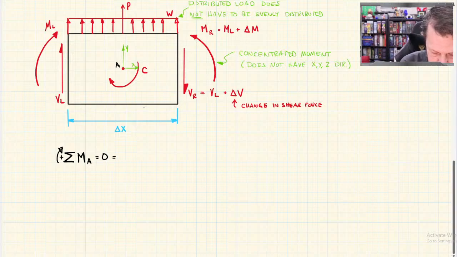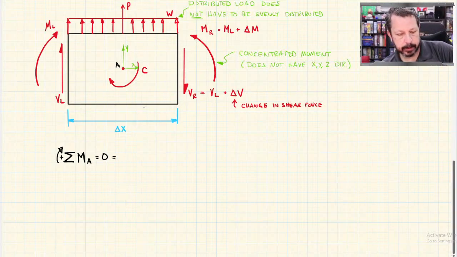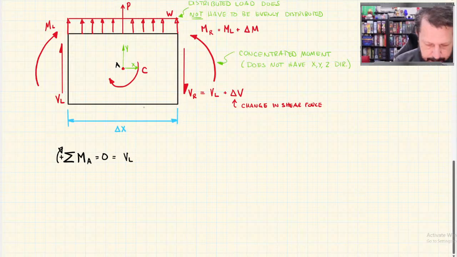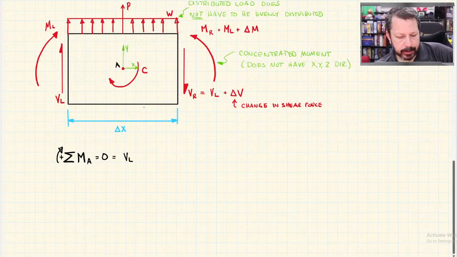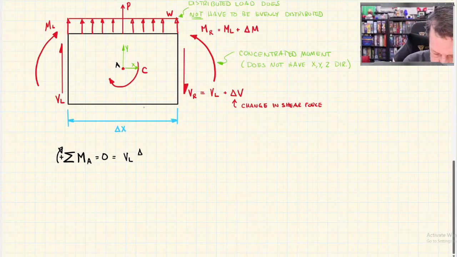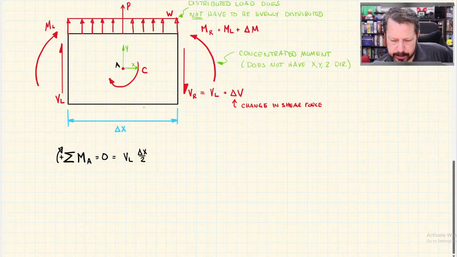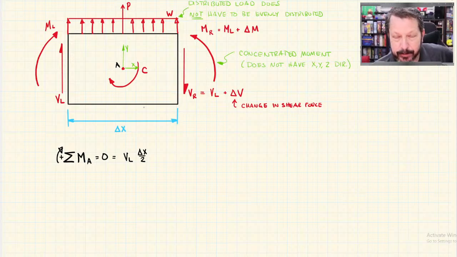All right. So let's just get started with the shear force, VL. Now its moment arm is only half of delta X, so that's what we'll put, delta X over 2. Here I get to choose, do I want VL plus delta V as VR? In this case, I'm not interested in delta V anymore.